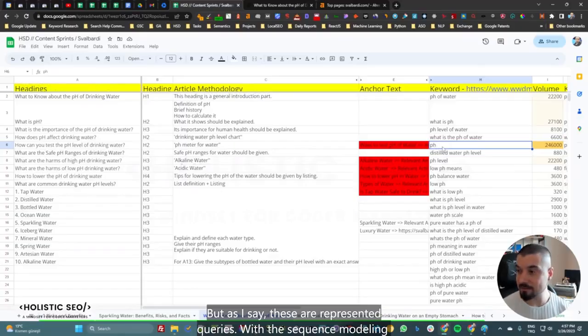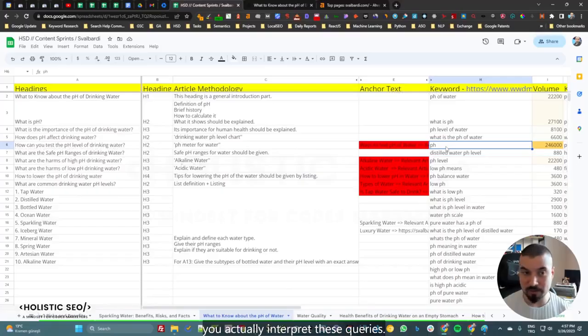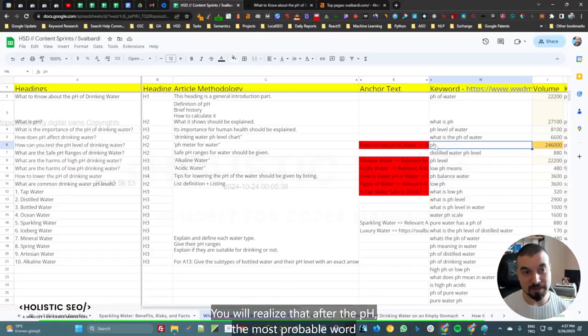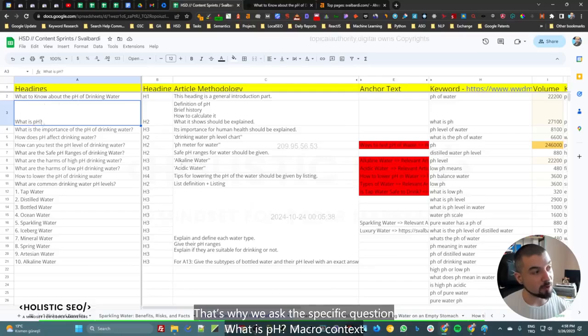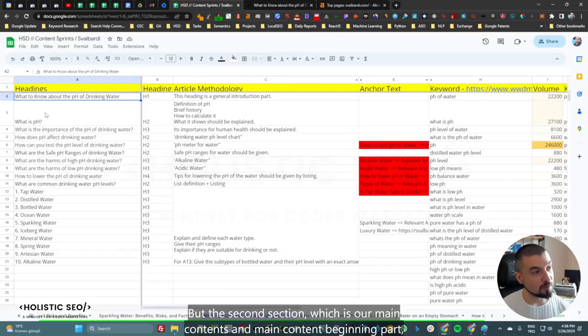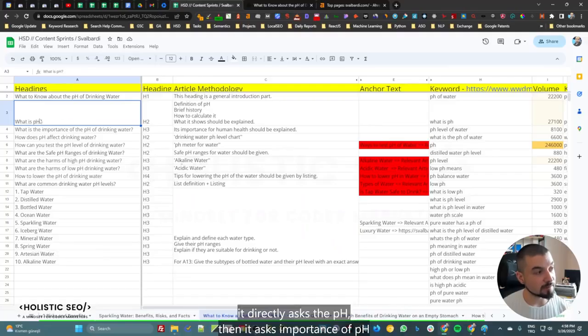Once with sequence modeling you interpret these queries, you will realize that after the pH, the most probable word sequence will actually include the water directly as well. That's why we ask the specific question, what is pH? The macro context has both of them, but the second section, which is our main content beginning part, directly asks about the pH.